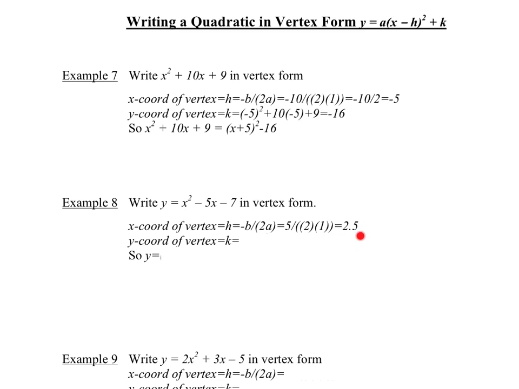You take your 2.5, square it, which gives you 6.25, minus 5 times 2.5, that's minus 12.5, minus 7. What we should end up with, if we do that, is negative 13.25 rather. So your y is equal to x minus 2.5 squared minus 13.25.